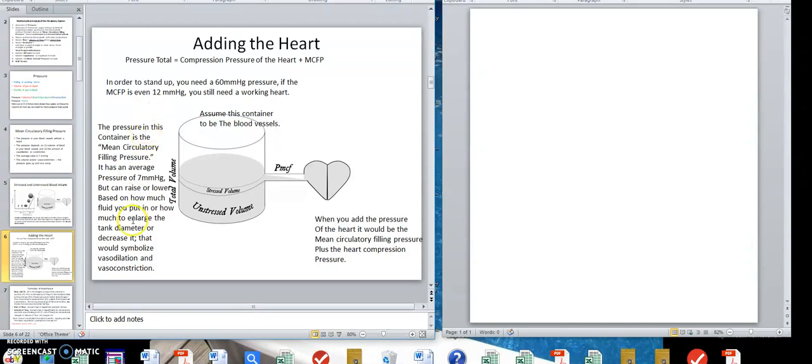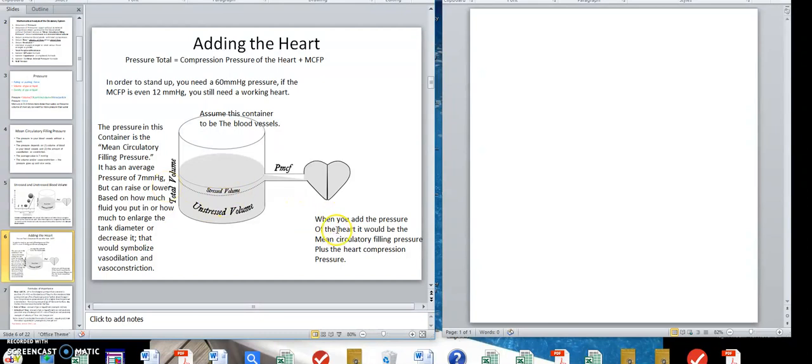Now, I'm going to use this one. Assume this whole container is just your blood vessels. So this would be your mean circulatory filling pressure. Here's the heart, though. We're adding that. The pressure in this container is the mean circulatory filling pressure. It has an average of 7, but can raise or lower, as we said, because of adding more fluid or squeezing down the tank.